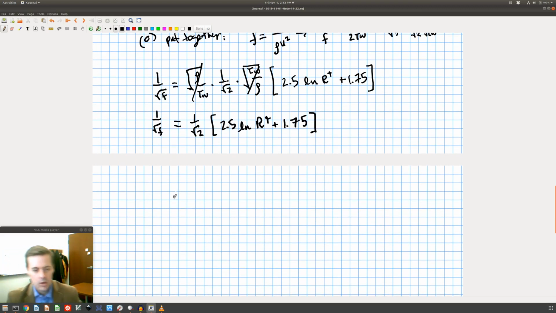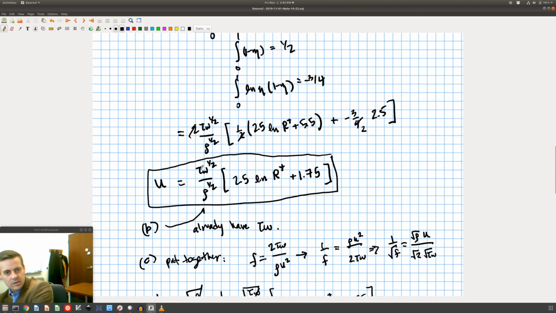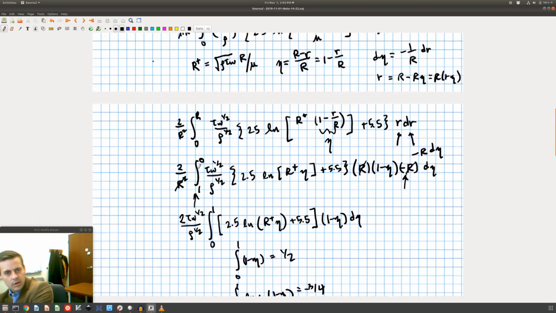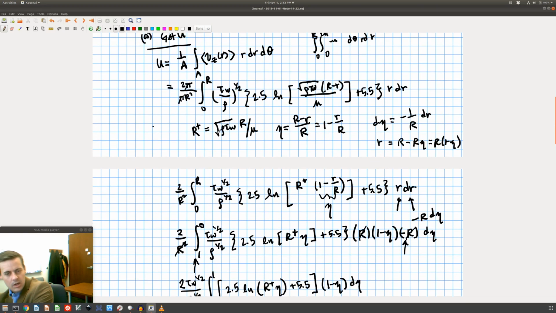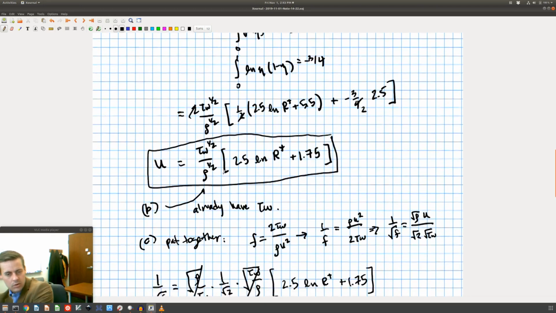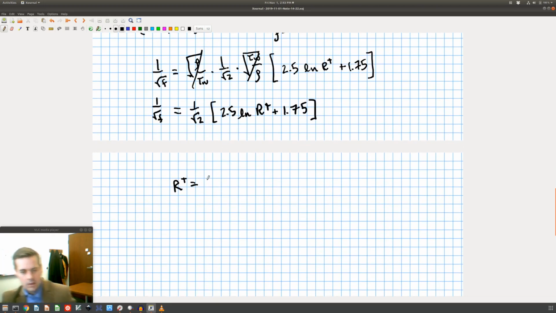Remember what R plus is: we just defined it up here. It's this dimensionless number, the square root of rho tau W R over mu. So let's rewrite that: square root of rho tau W, and then an R divided by mu.